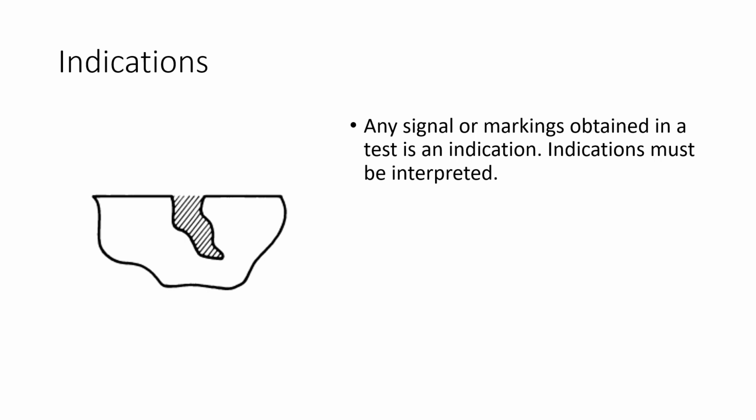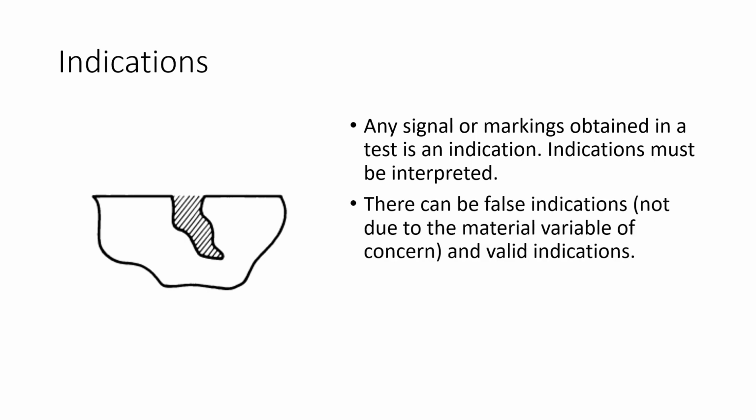Indications, here's another term. Any signal or marking obtained in a test is an indication. Indications we need to interpret. Gets back to being a flaw, so we need to interpret them. We can have false indications. Something shows up on a part or in a scan or a test, and it's like, okay, it's a false positive.